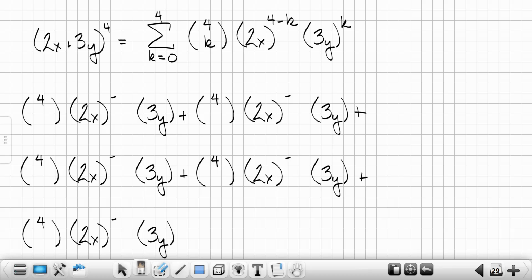Think about it here. When I have a plus b squared, how many terms ended up being in it? 3. When I had a plus b cubed, how many terms ended up being in it? 4. So if I have something to the 4th power, how many terms will be in it? 5 terms. It's always going to be one number up than the next one.